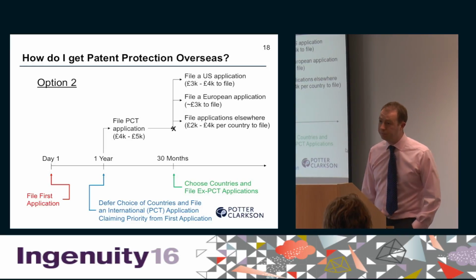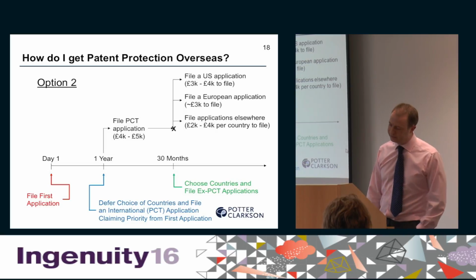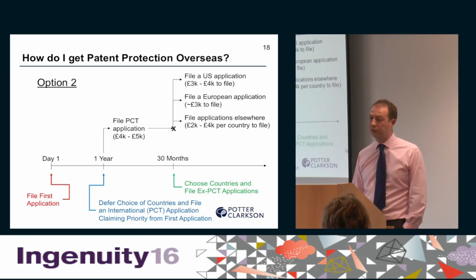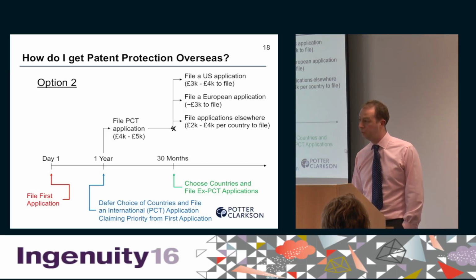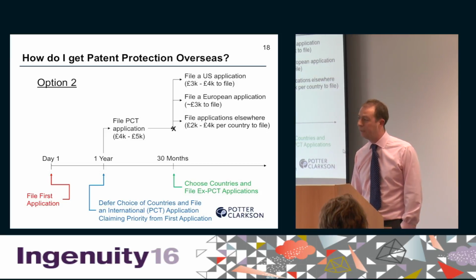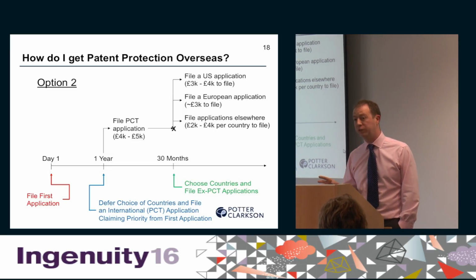There is an option which many SMEs and companies go for, and that is to effectively buy an extension of time for making that final choice of countries. So when you get to the end of the procedure, you will have paid more, but you will have postponed those costs for the individual countries, and you will have postponed the point in time at which you need to choose those countries.